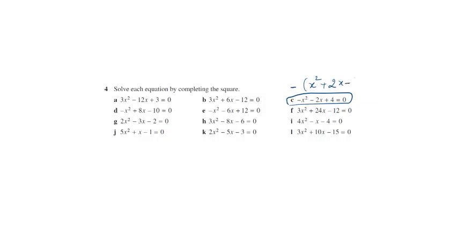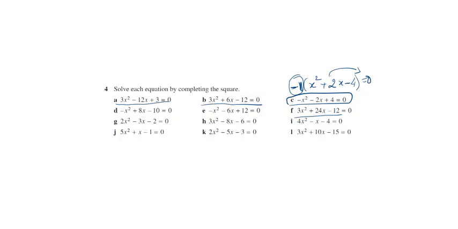Since this is minus 1 times something is equal to 0 and minus 1 is not equal to 0, it follows that my quadratic expression is equal to 0. If you look at question B, you can take 3 common and make it a monic. Similarly with question A, you can take 3 common. Here you can take 3 common as well.